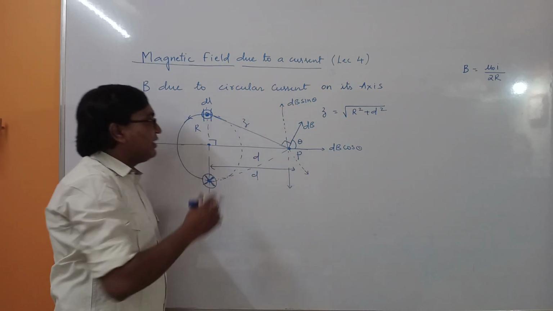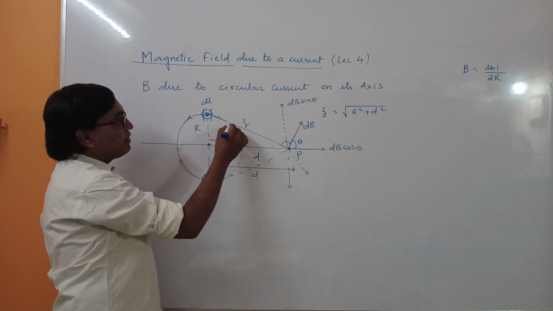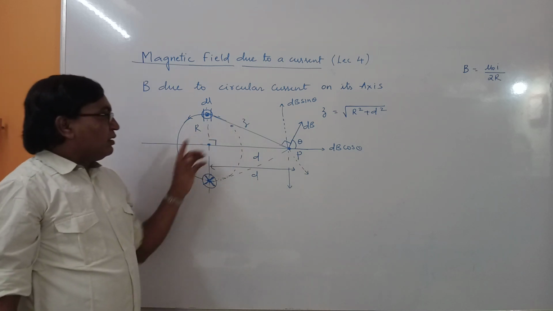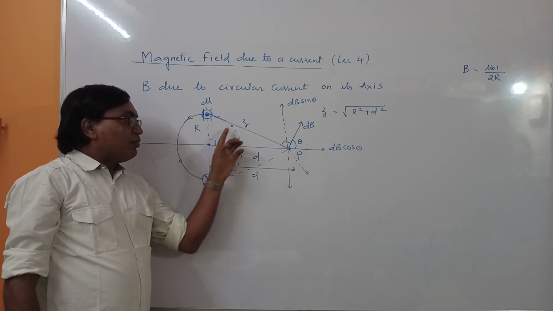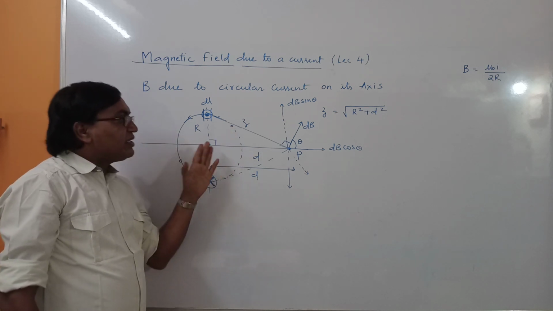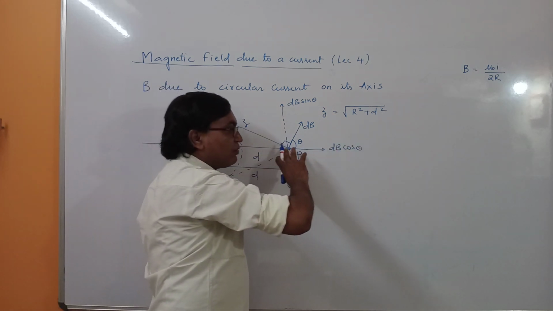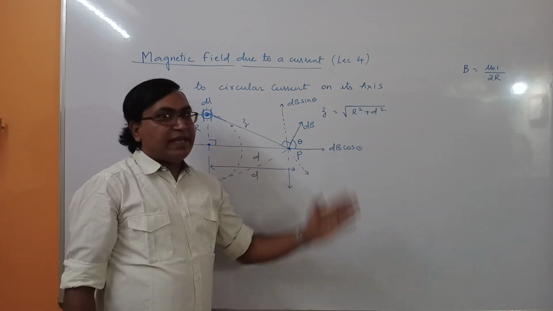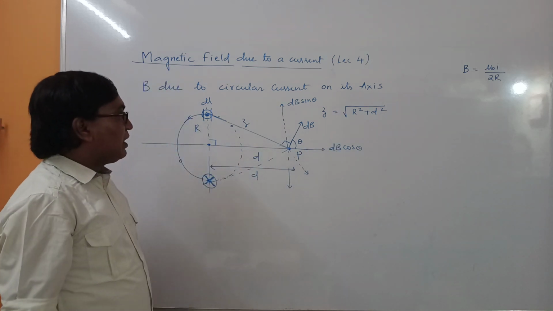If you take one element here and another just opposite to this, then the component of the magnetic field along the y direction will cancel out. So the total field we get is only along the x direction, along the axis, and that is dB cos theta.